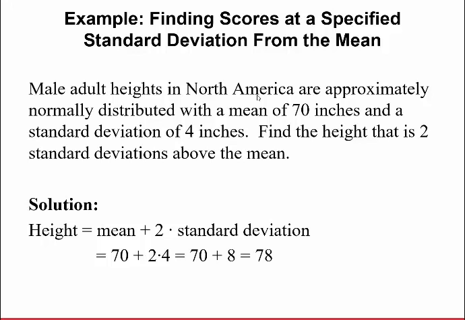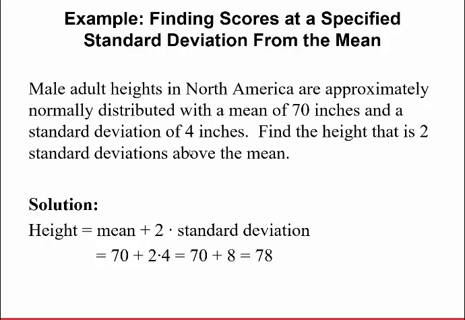So going on, if I want to talk about finding scores at a specified standard deviation from the mean. Male adult heights in North America are approximately normally distributed with a mean of 70 inches and a standard deviation of 4 inches, right? Let's find the height that is 2 standard deviations above the mean.